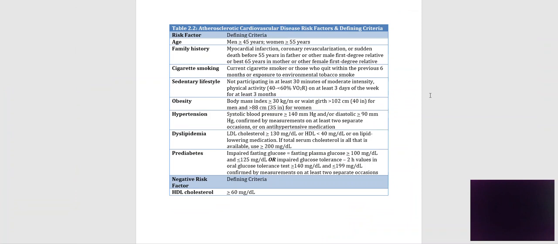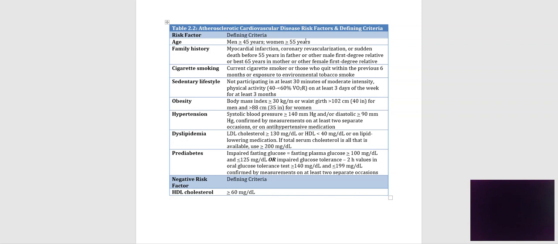You have your patient or your client, and you start with risk factor number one, the individual's age. The defining criteria in the table is off to the right. The defining criteria for age is if they're men and they're greater than or equal to 45 years old, then that is a risk factor.